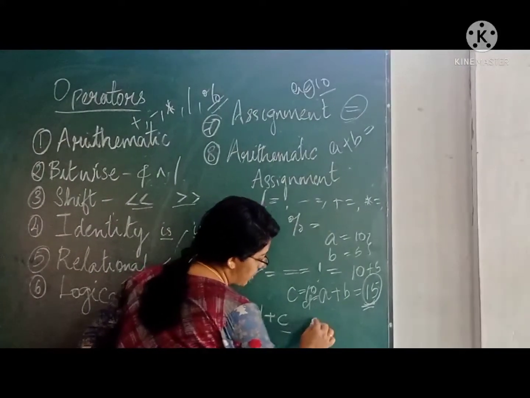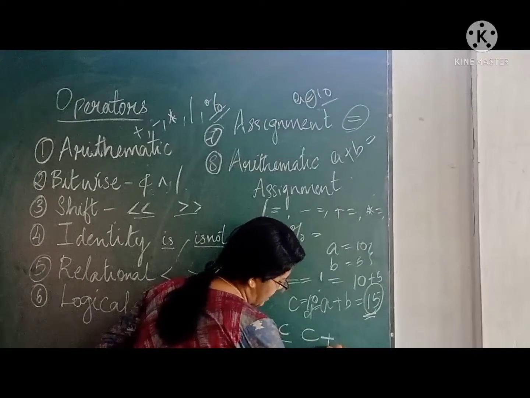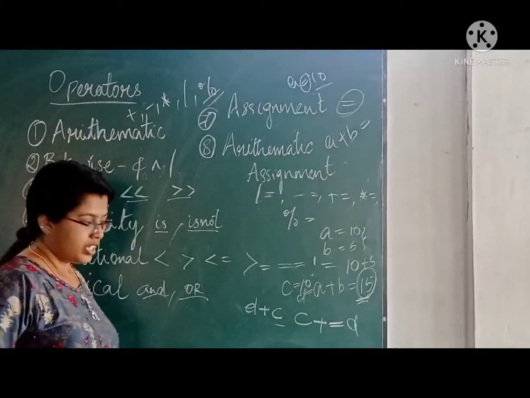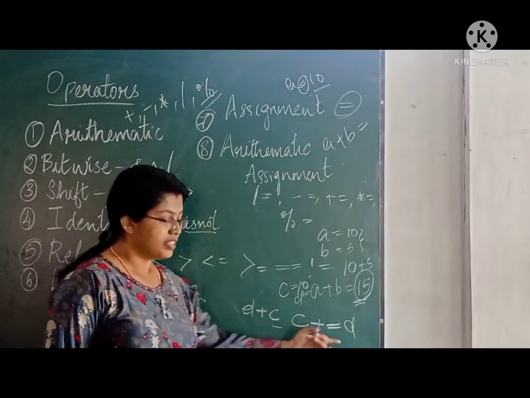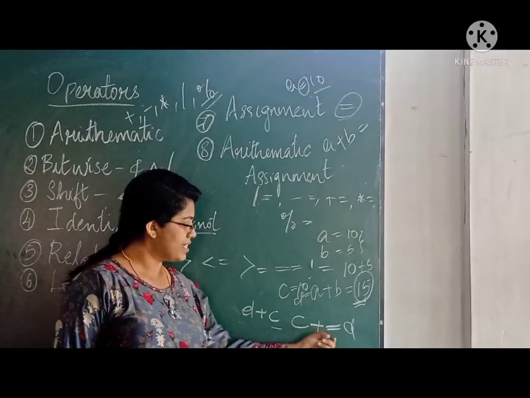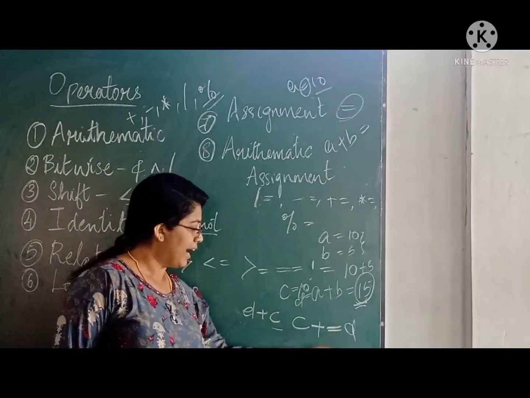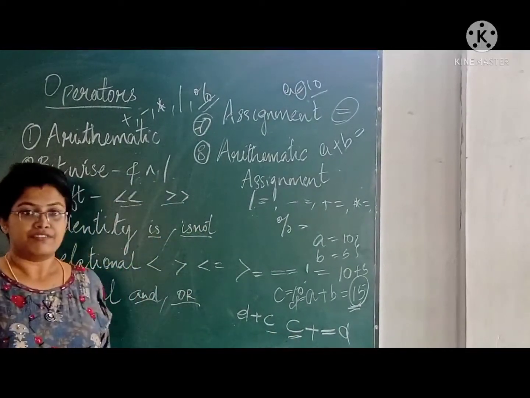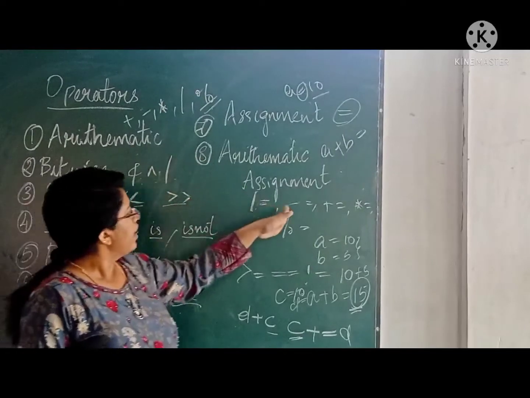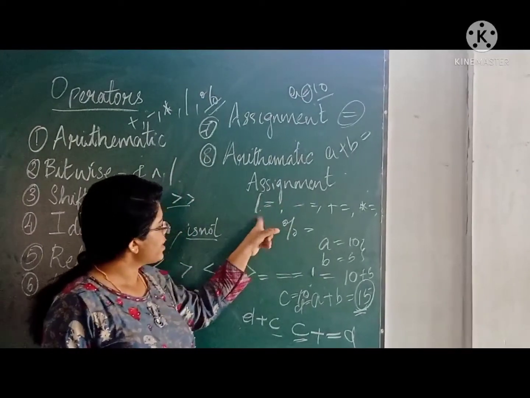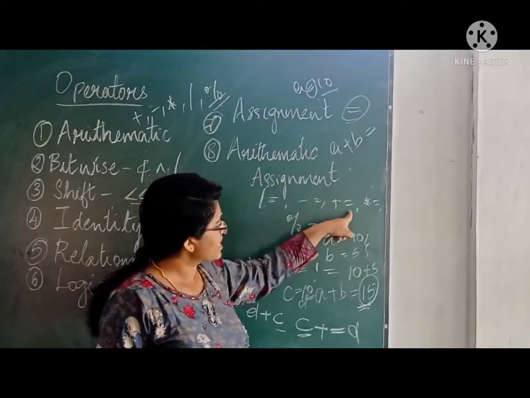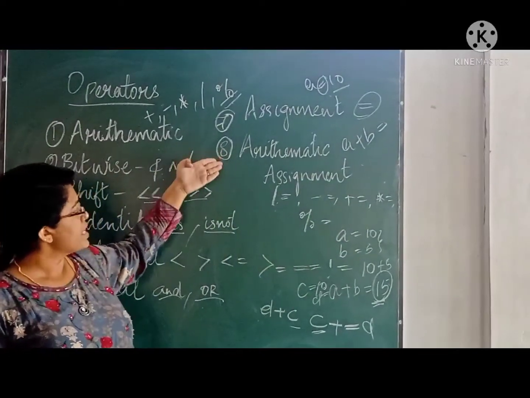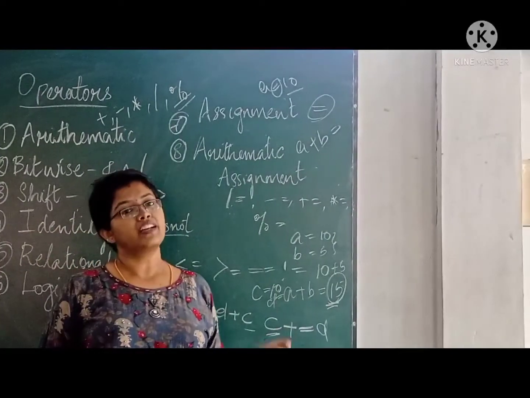For that I am using C plus equal to D. This is the meaning: I am adding C and D and storing the value in C itself. Like that we are using division equal to, minus equal to, plus equal to, multiplication equal to, modulus equal to. All these operators we are using as arithmetic assignment operators.